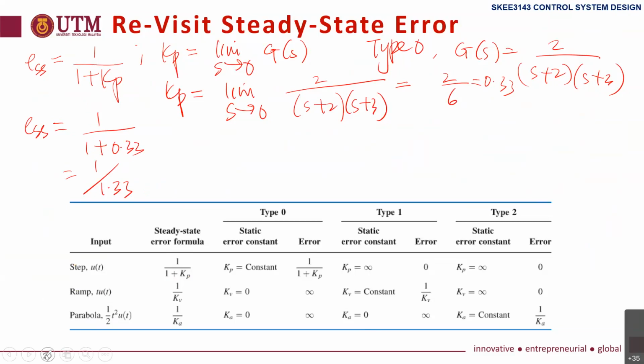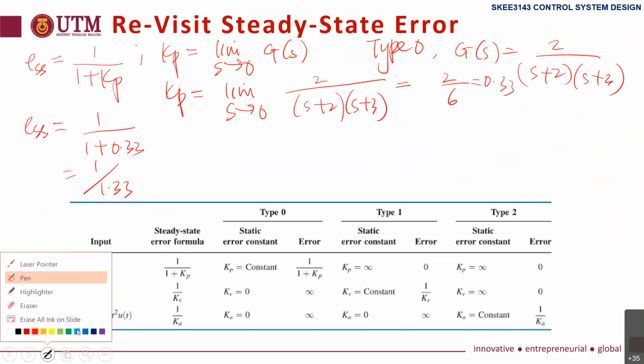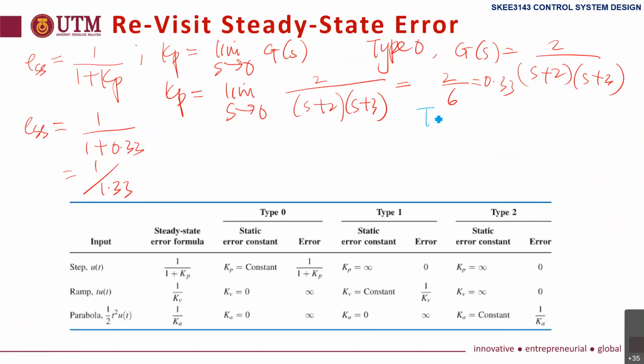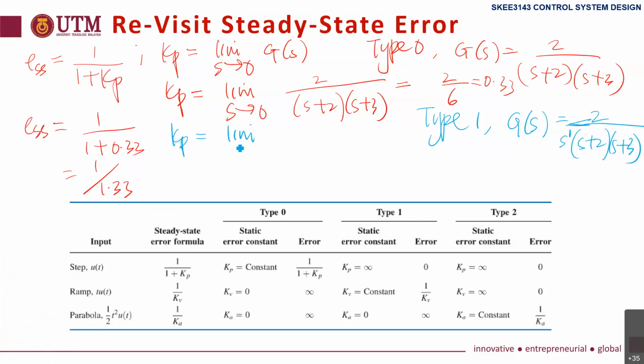Let's take another example when the system is type 1. Just take any example. Type 1 means 2 over s(s plus 2)(s plus 3). That means we have s to the power of 1 here. I will calculate Kp again. Kp is the limit as s goes to 0 of 2 over s(s plus 2)(s plus 3).